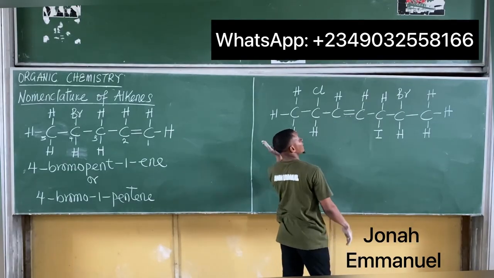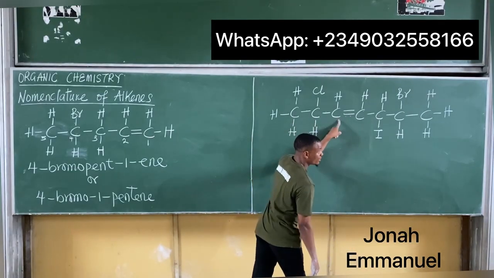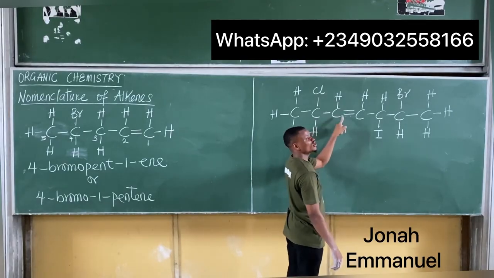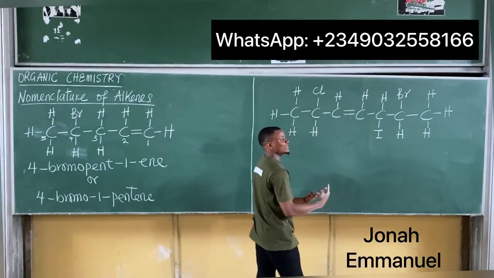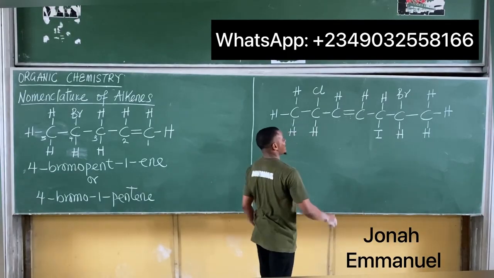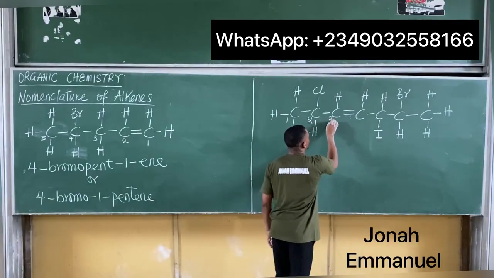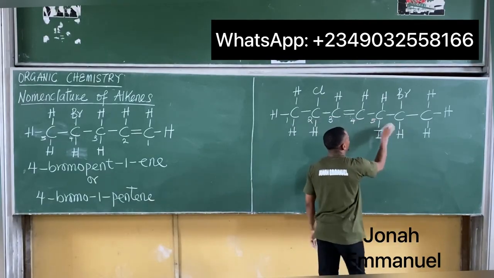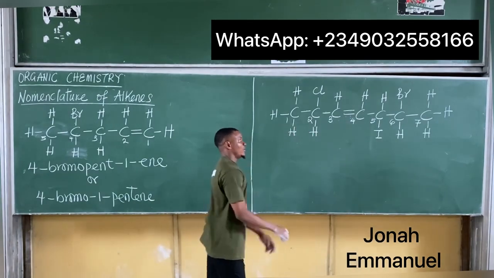If I start from left to right, I'm having 1, 2, 3, and it's carbon 3 that bears the double bond. Between 4 and 3, the smallest is 3. Hence, I'll number this way: 1, 2, 3, 4, 5, 6, 7. So I have this.